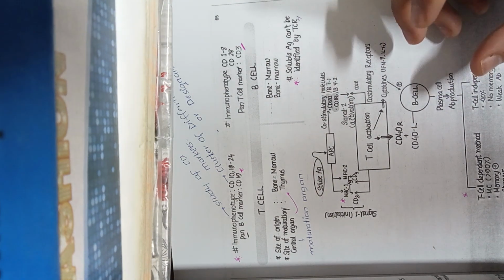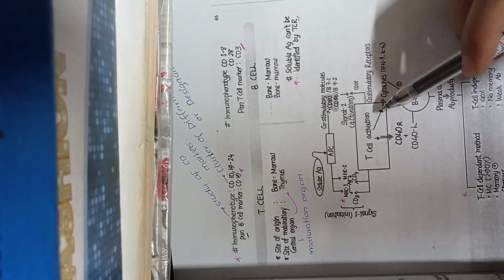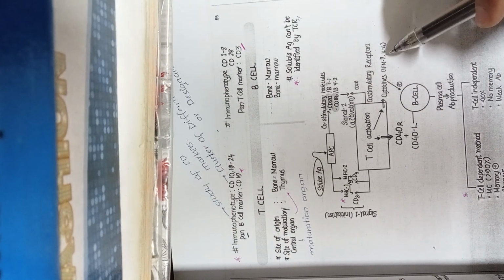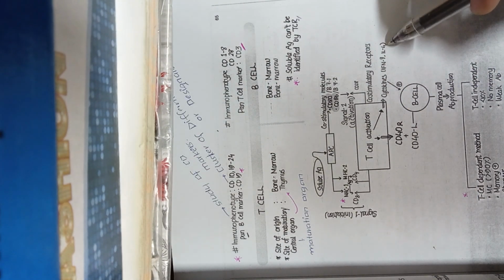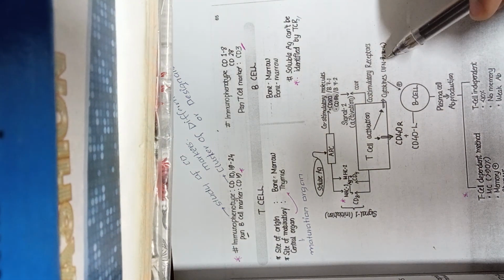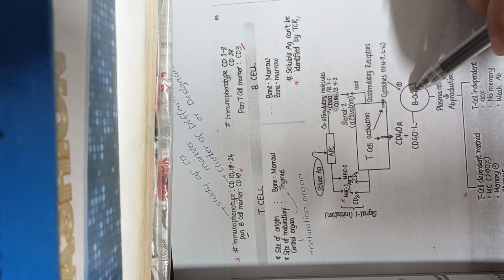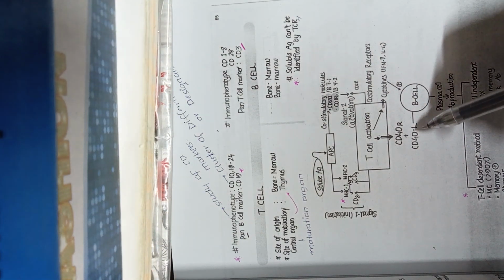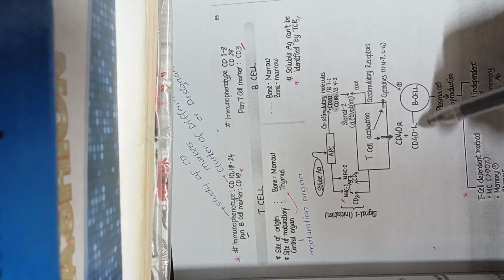When T cell is activated, it will form cytokines, interferon gamma and interleukin 4. It will activate a B cell, and a B cell will express a molecule called CD40 ligand.